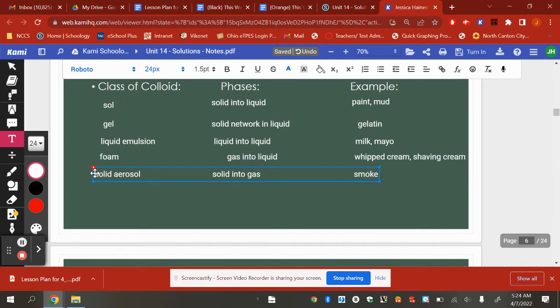When somebody is smoking, or even like fire, if you go to a campfire and smoke from the campfire, that is solid particles. Cigarette smoke is solid particles. That's why it's so bad for you, because it sticks in your lungs, that tar. But it is solid particles that are dissolved into a gas, dissolved into the air.